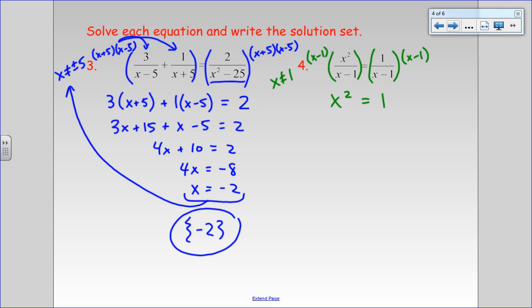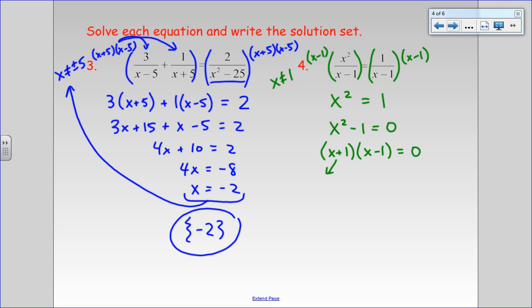This is a quadratic equation, so we have to proceed by subtracting 1 on both sides to set the right-hand side equal to 0. Factoring our difference of squares into the quantity x plus 1 times the quantity x minus 1 results in two solutions of this quadratic equation.